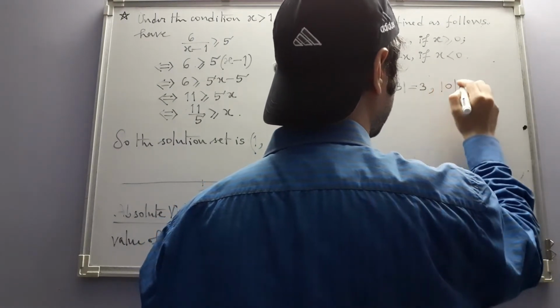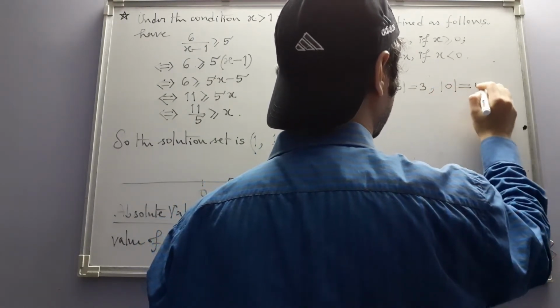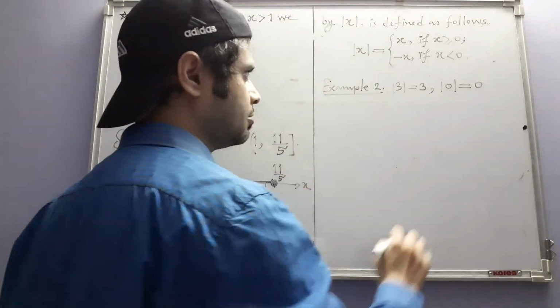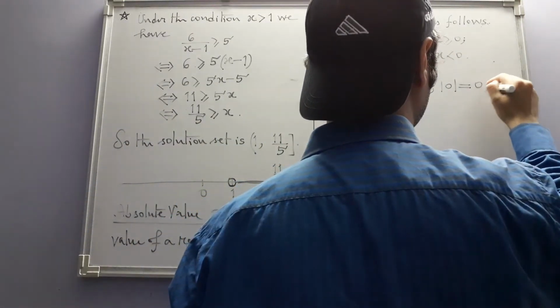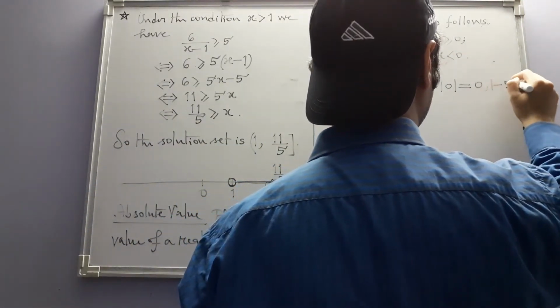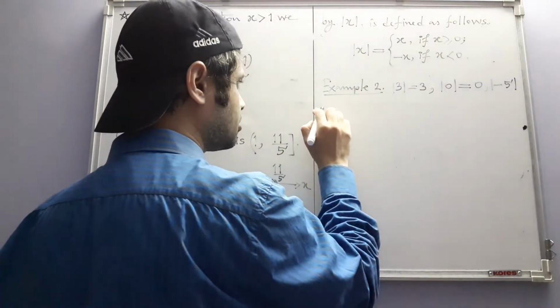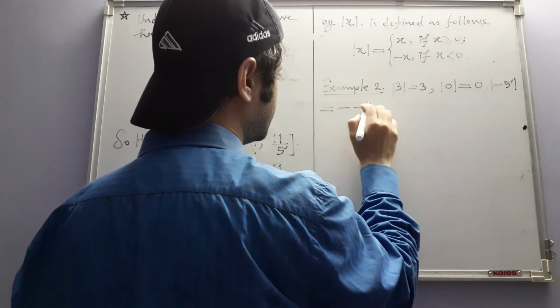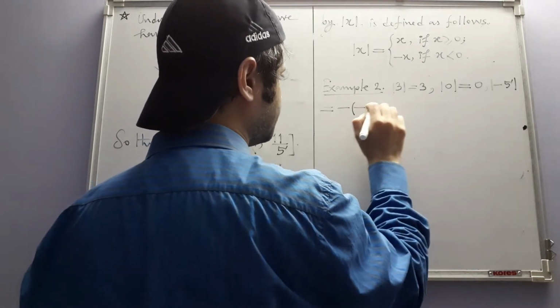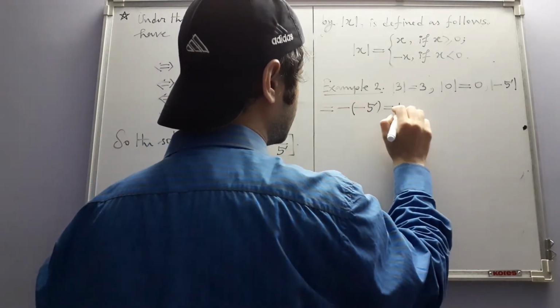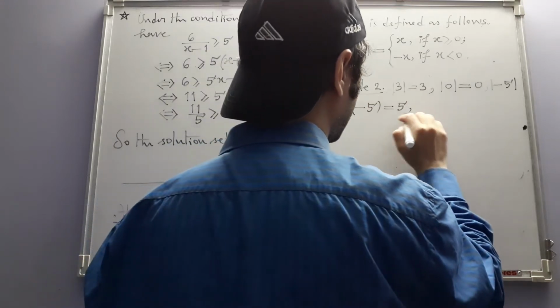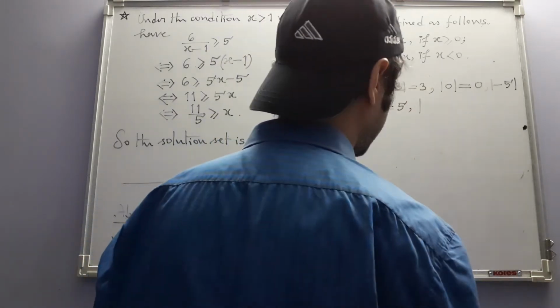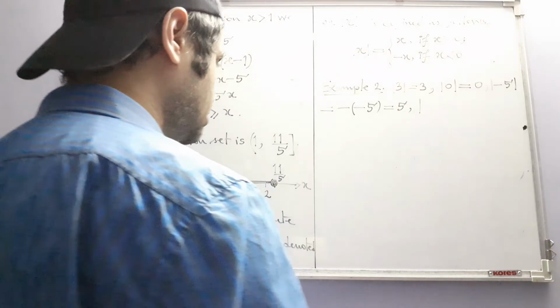Absolute value of 0 is equal to 0, again by definition. Absolute value of minus 5, because minus 5 is negative, by definition it is minus of minus 5, that is equal to 5. And finally, the most confusing one is this.